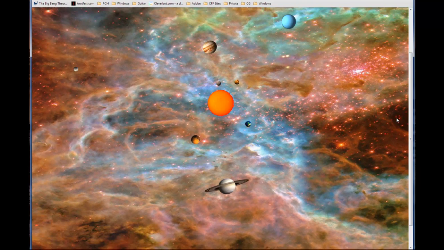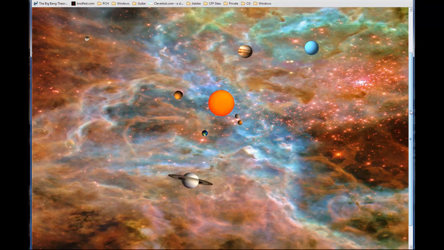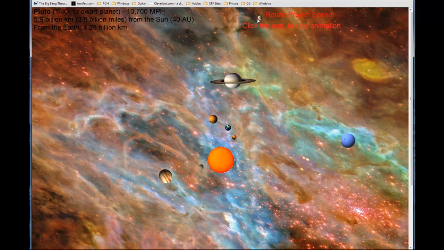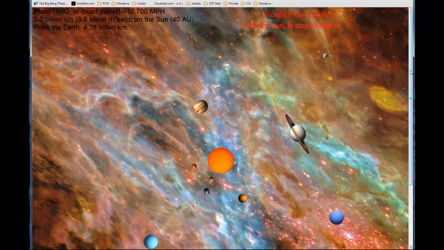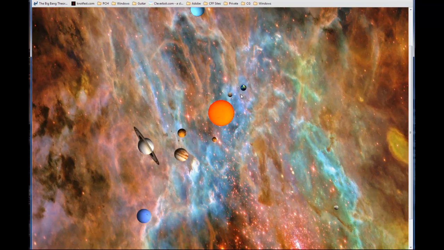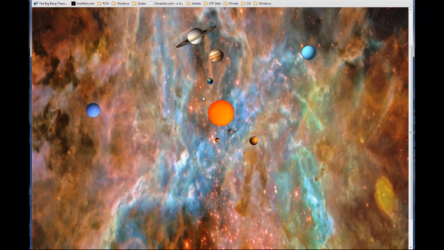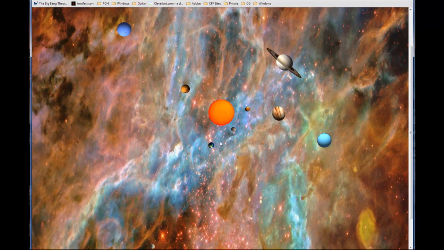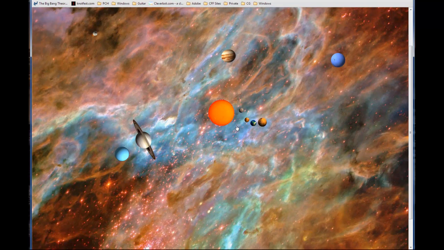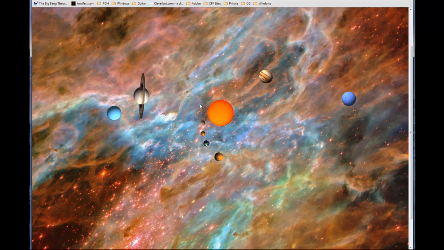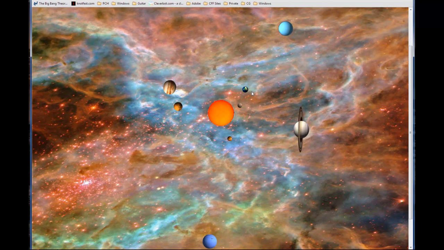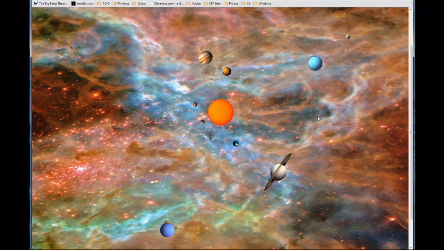And as you can see, the planet that is furthest away, which is Pluto, the dwarf planet, is the slowest. The fastest, of course, is going to be that little guy right there. And then Earth is the third. So it takes 365 days for Earth to circle the sun. However, we are doing it in maybe 1, 2, about 3 seconds.